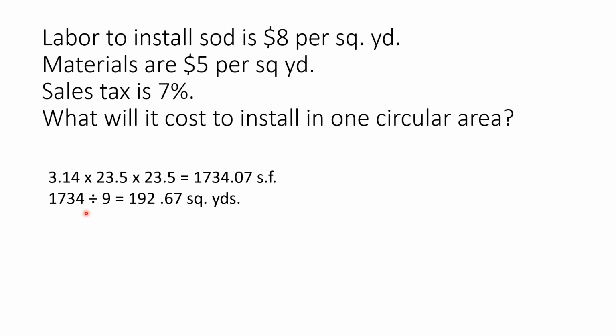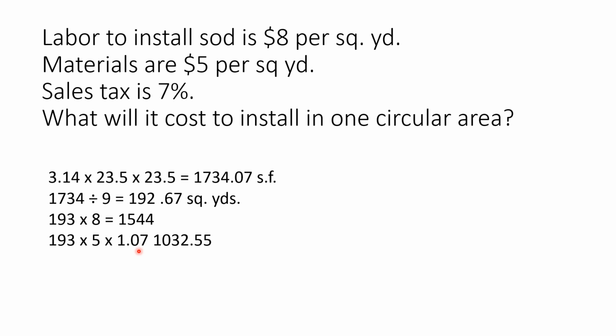So 1,734 divided by 9 is 192.67 square yards. Our labor is $8 a square yard, so we get $1,544 for our labor. It's $5 for material, so it's 193 times 5, and don't forget your sales tax.